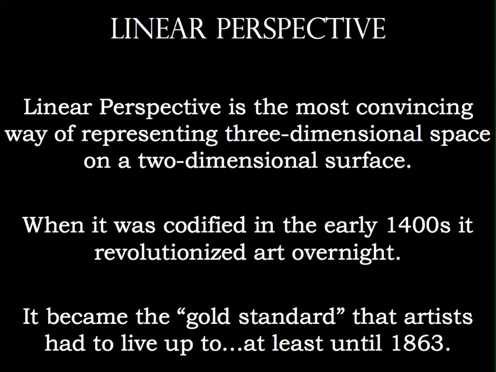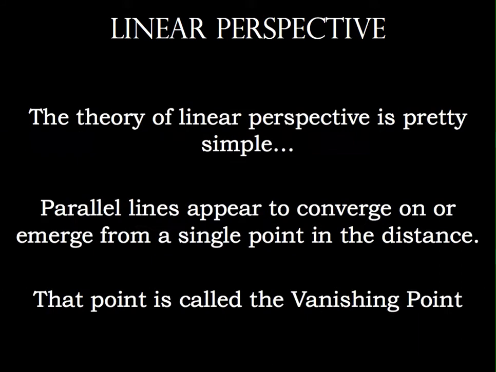It became the gold standard that artists had to live up to, at least until 1863, which marks the beginning of the modern art era. We'll talk about the transition away from linear perspective later on, but it is incredibly important. It's something that is still taught today.